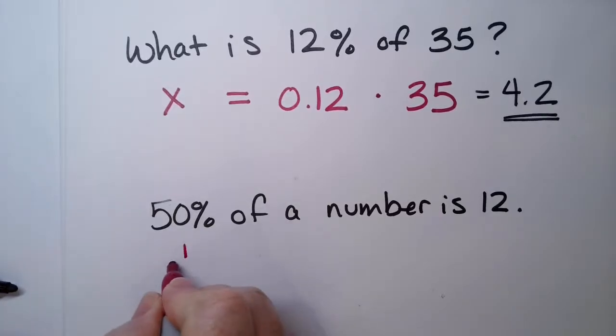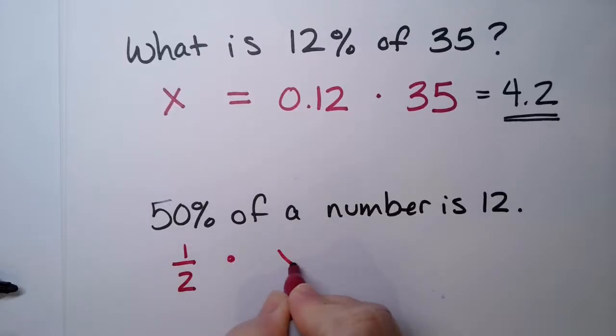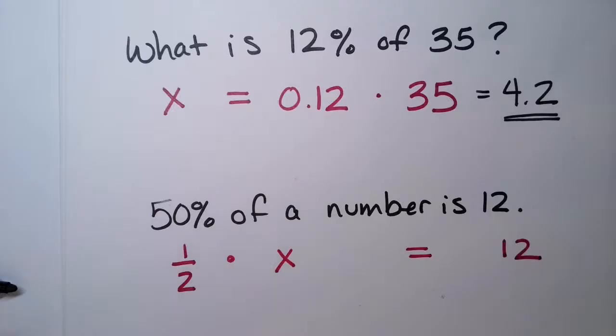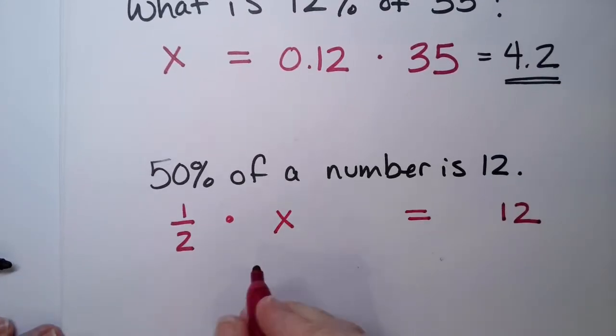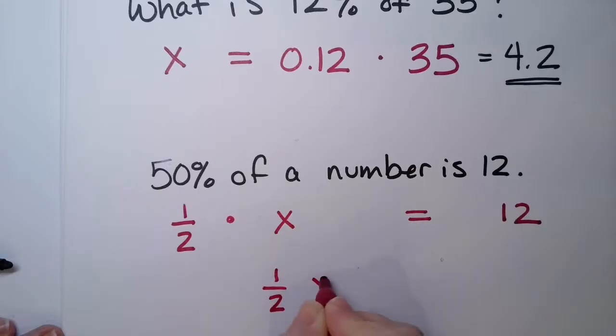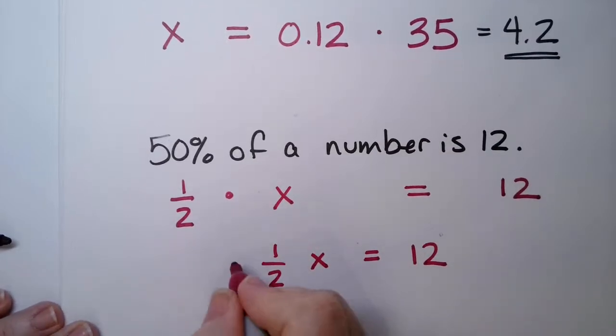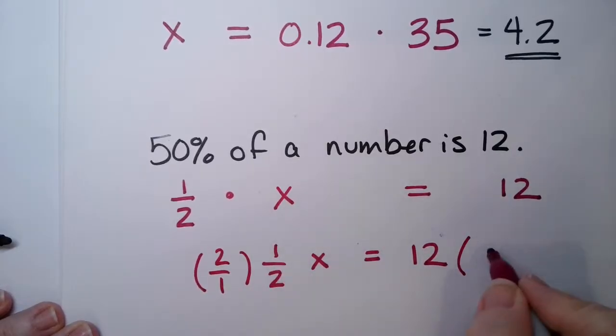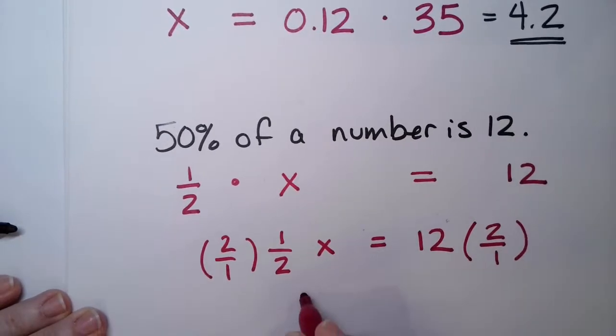So 50% is 1/2 of a number is 12. It's kind of stretched out there, isn't it? So 1/2 x is 12. So some number divided in half gives you 12. I can multiply both sides by the reciprocal of whatever's in front, if you just want a straight calculation.